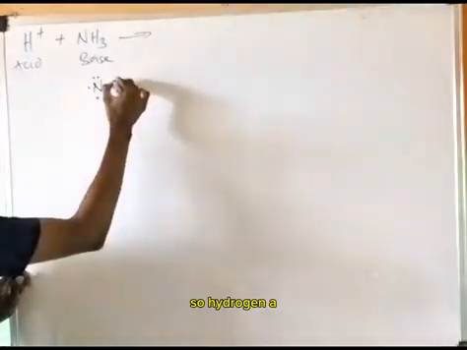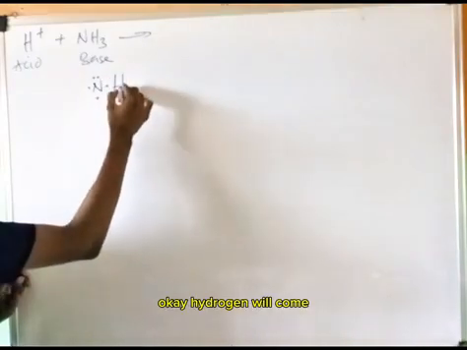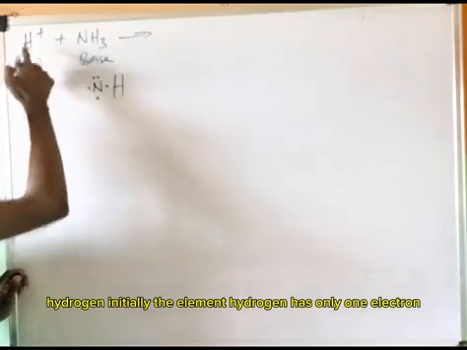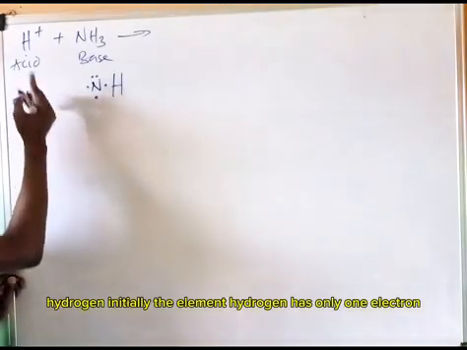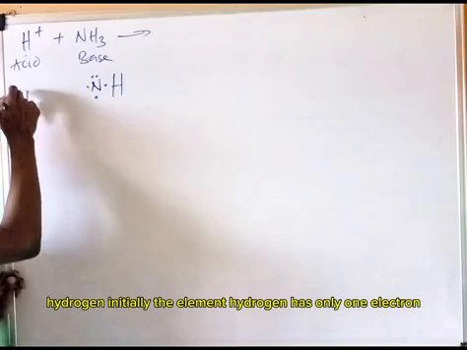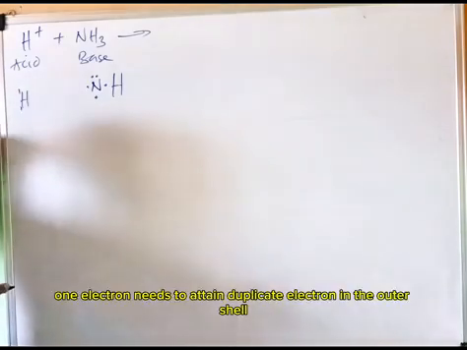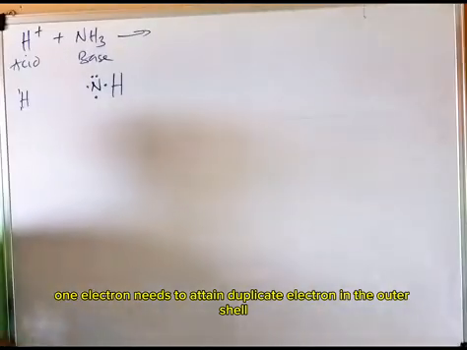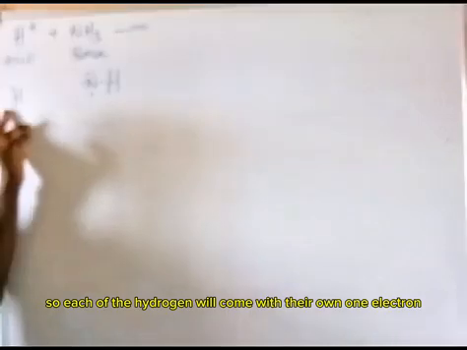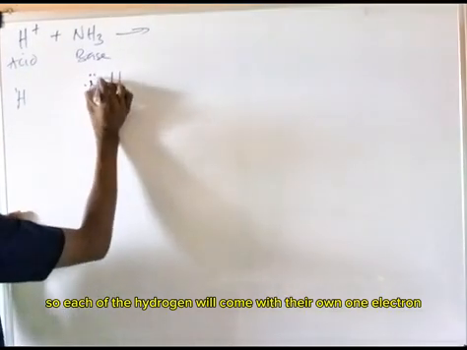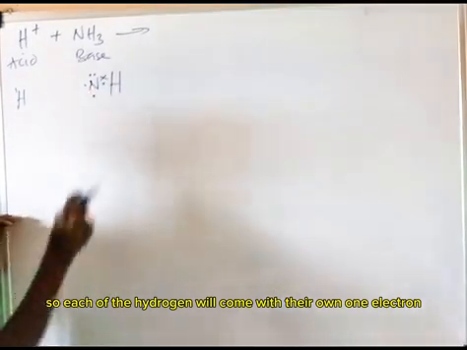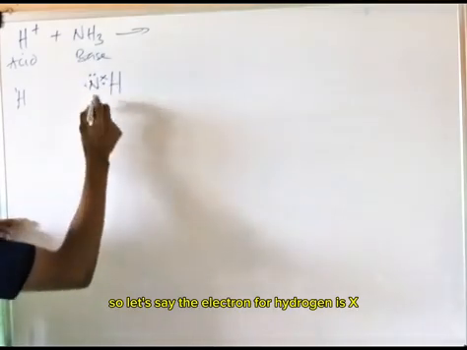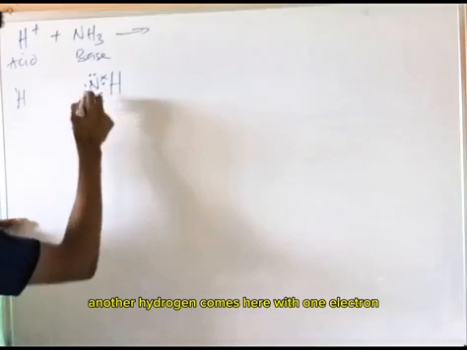So hydrogen will come. Initially, the elemental hydrogen has only 1 electron. It needs 1 more electron to attain a duplet in the outermost shell, that's 2. So each of the hydrogens will come with their own 1 electron. Let's say the electron for hydrogen is X. Another hydrogen comes here with 1 electron.